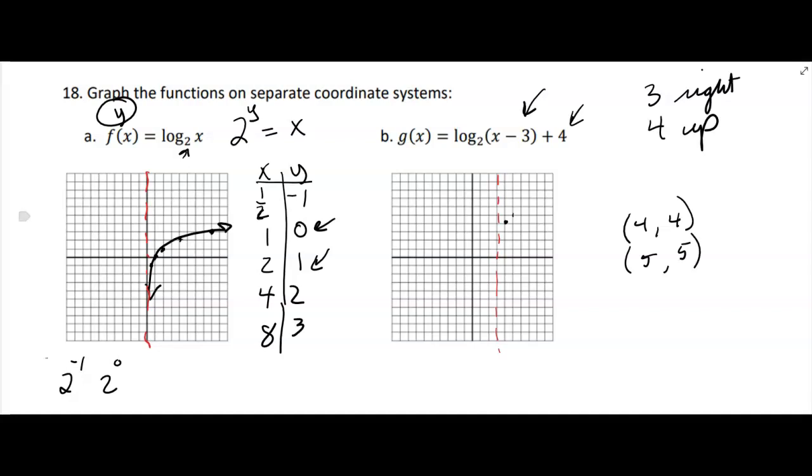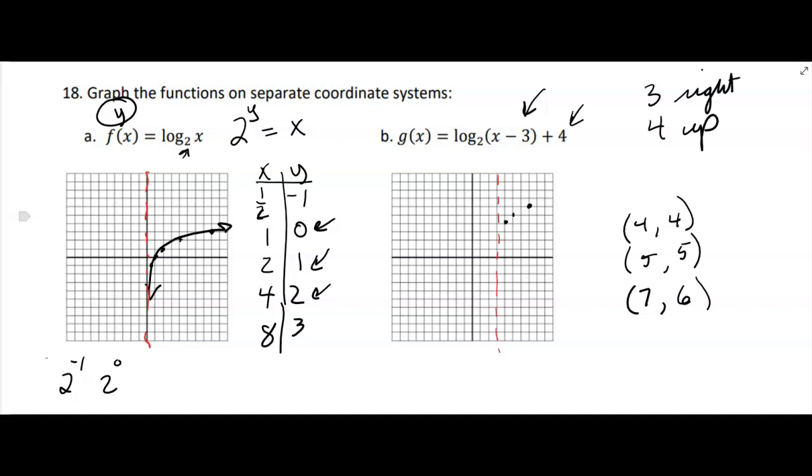All right, so 5, 5 is going to be right there. And then your 4, 2, it's going to go 3 over, so 7, and then up 5, 7. I'm sorry, no, we're only shifting it up 4. Dang it. All right, 6. So 7, 6. 7, 6, be like right there.